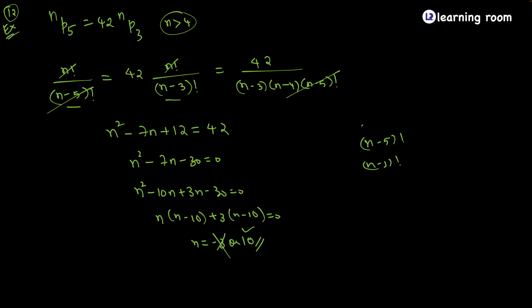See, if I put n is equal to 10 here, 10 minus 5 factorial is 5 factorial. 10 minus 3 factorial is 7 factorial. So from the same number, if you subtract 5, it is less compared to you subtracting 3. So the bigger number, always what you should do is start with that number, keep decreasing one. So n minus 3 minus 1 is n minus 4, that's why I wrote like that. n minus 4 minus 1 is n minus 5 factorial.